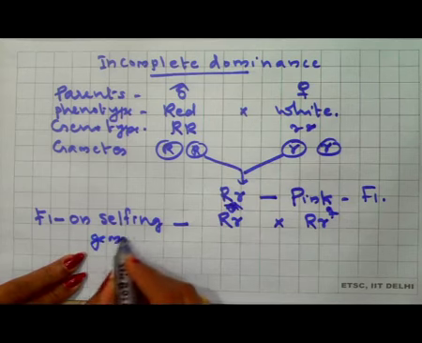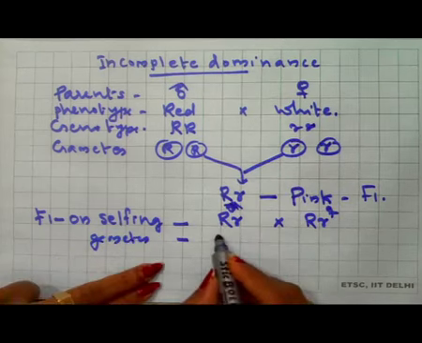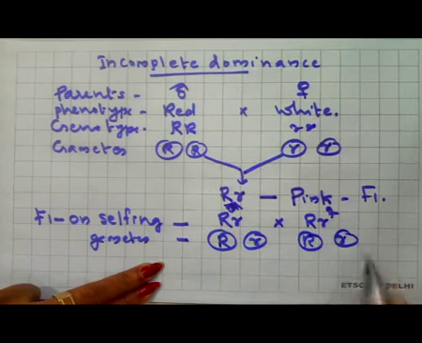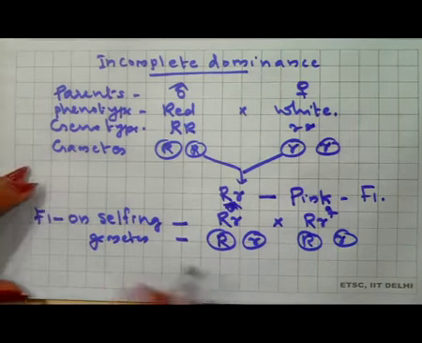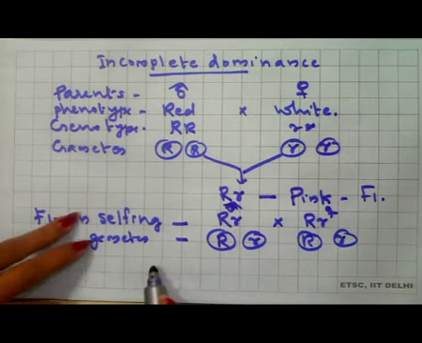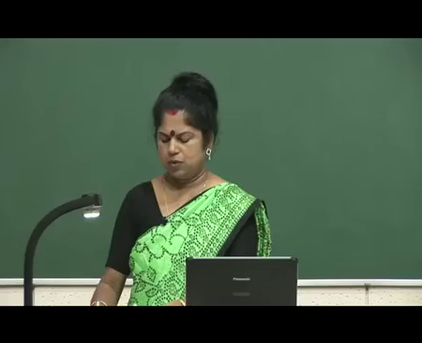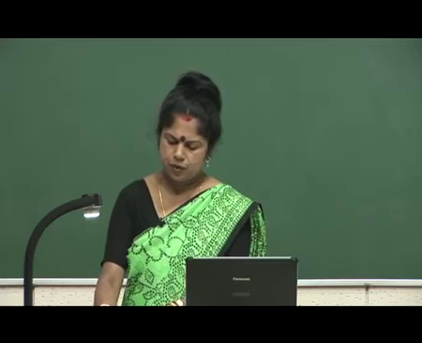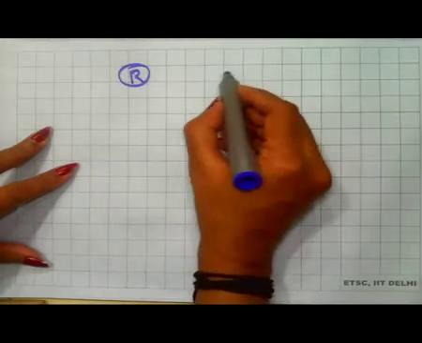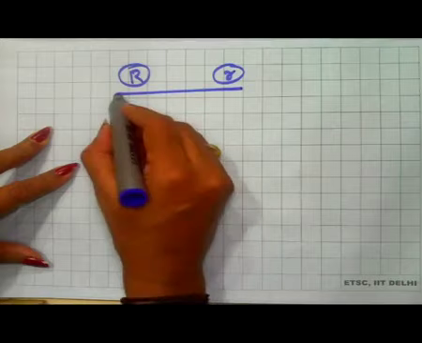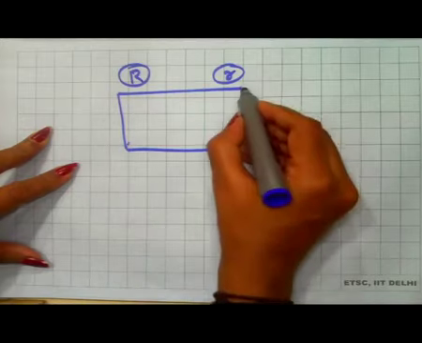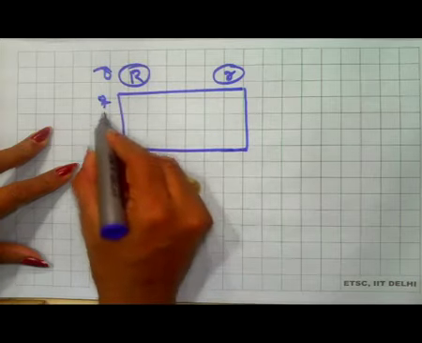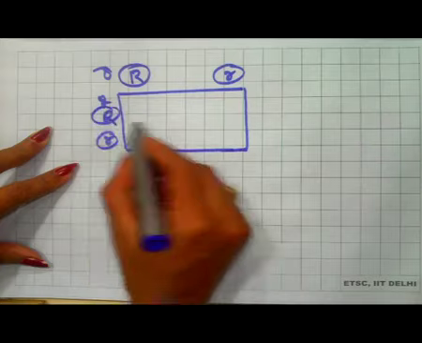Gametes: capital R and small r gametes. Now, we can show it in the Punnett square. Male gametes, and here we will write the female gametes like this.